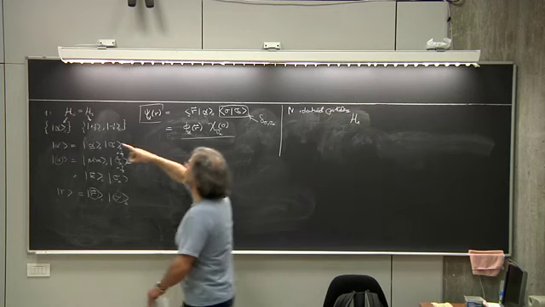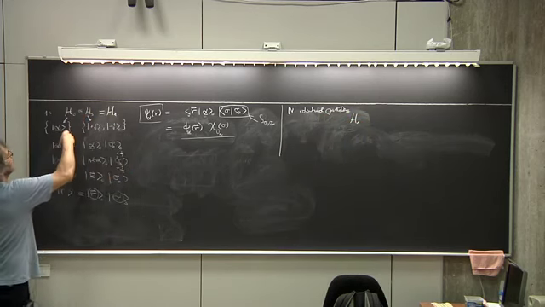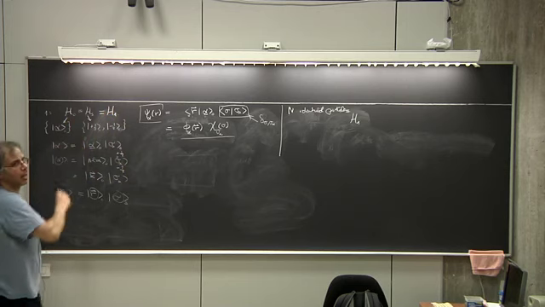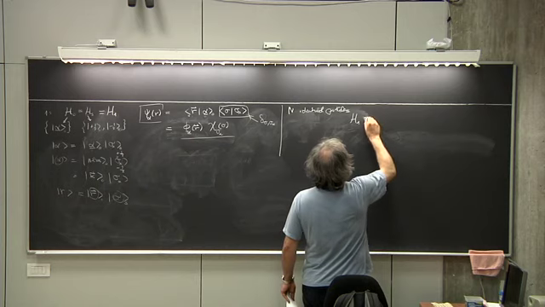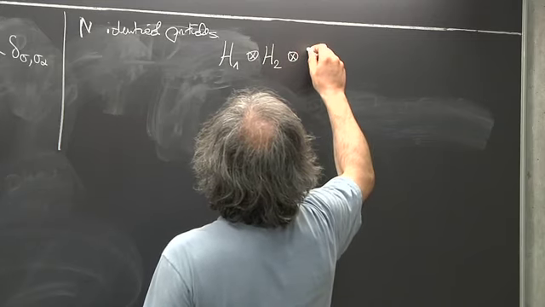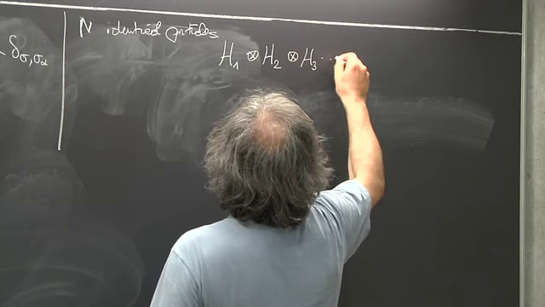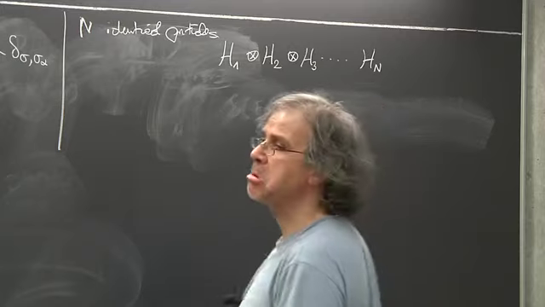It's a product of orbital and spin, but it's the Hilbert space of the first particle. Then there is a Hilbert space of the second particle, a Hilbert space of the third particle, and so on, up to the Hilbert space of particle number n.